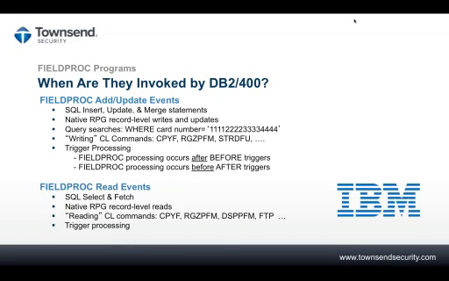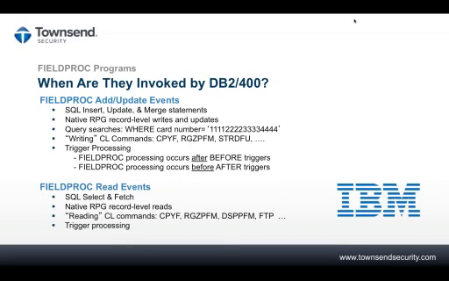If you have a table under FIELDPROC control and a column under FIELDPROC control, and you FTP the file off of the IBM platform, FIELDPROC is going to get called on each record level read to decrypt that data, and so you're going to have that plain text data processed by FTP. There are some things you can do to put controls around that, but that's the way FIELDPROC works. And we'll talk a little bit about some additional security controls that you should put in place related to FIELDPROC.